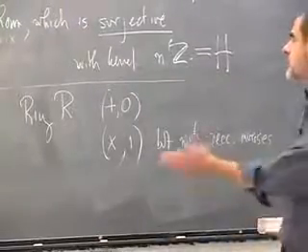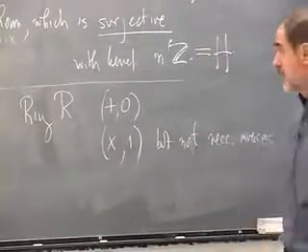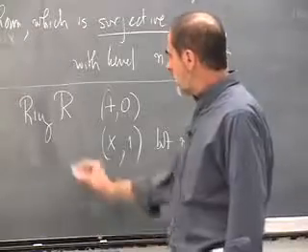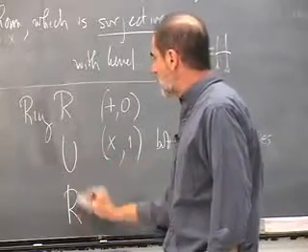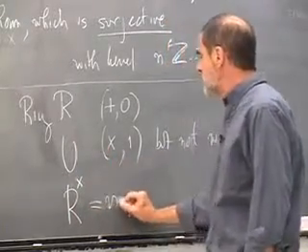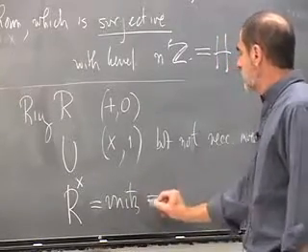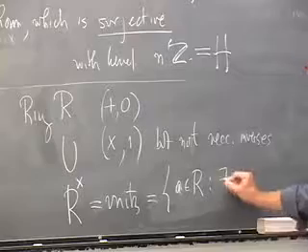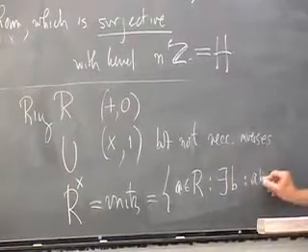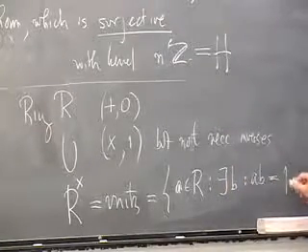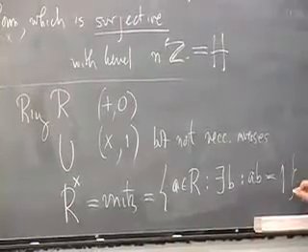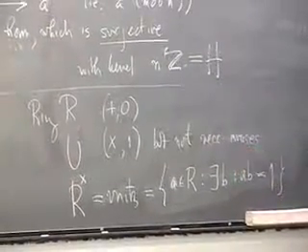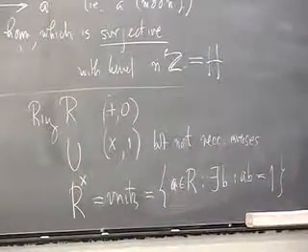You can't multiply anything by 0 and get to 1. Nonetheless, you get a subset of the ring called R star, which is sometimes called the units of the ring, which is the set of elements a in R such that there exists a b such that ab is equal to 1. So they're the elements which have multiplicative inverses.